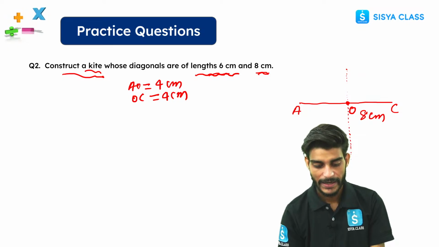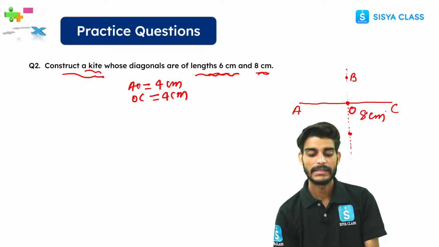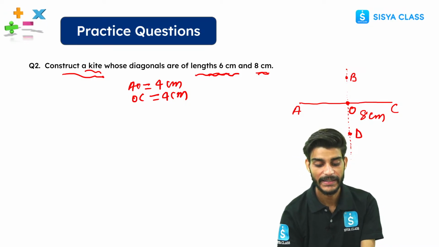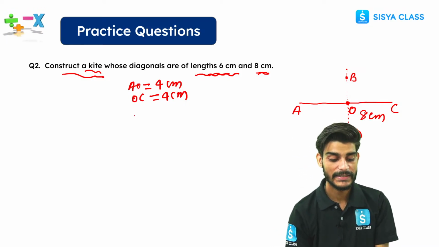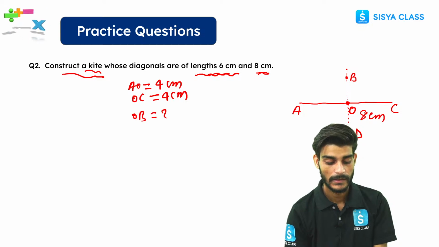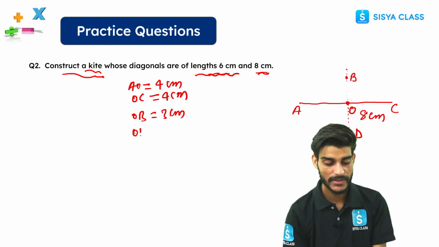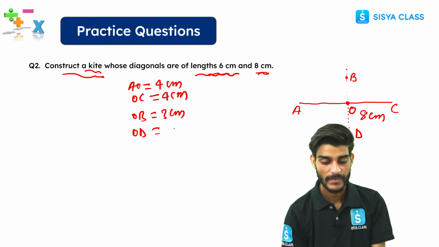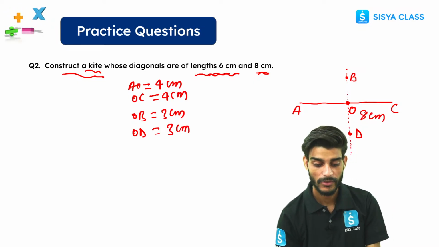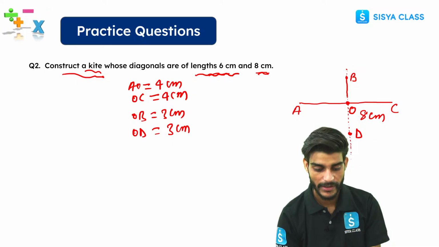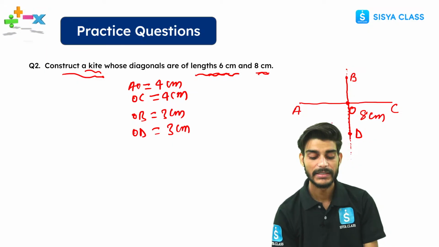This is B and this is C. OB and OC we have taken, so let's take the other one as D. So OB equals 3 centimeter and OD equals 3 centimeter. This is also a diagonal. If you join B and D, this is also a diagonal.